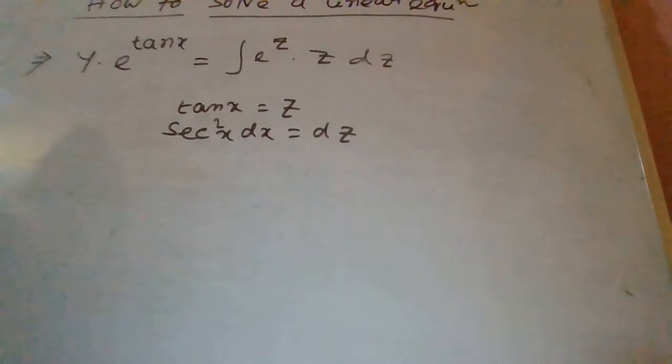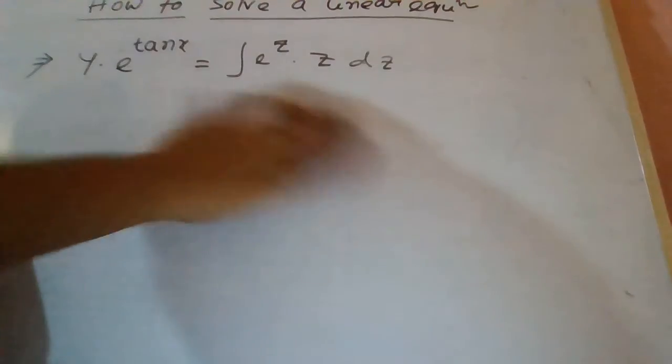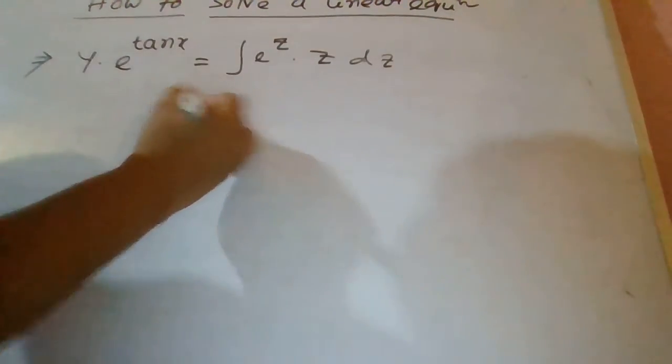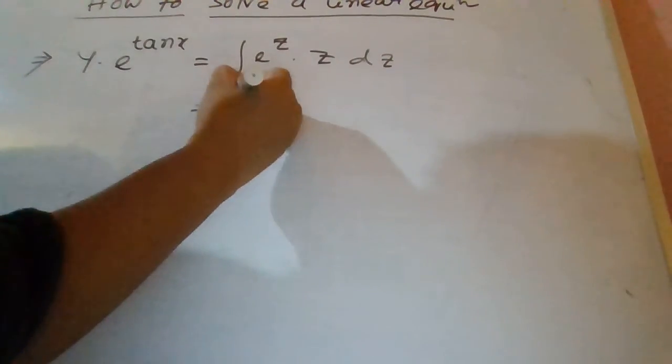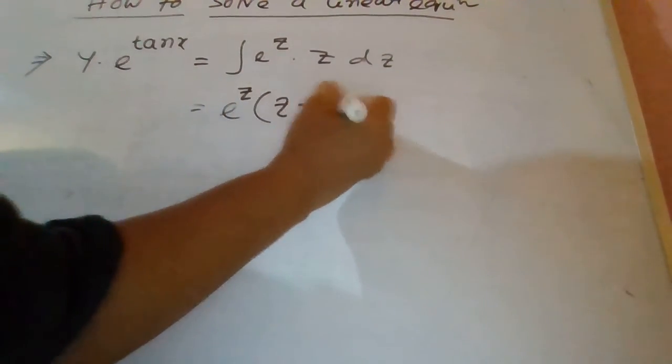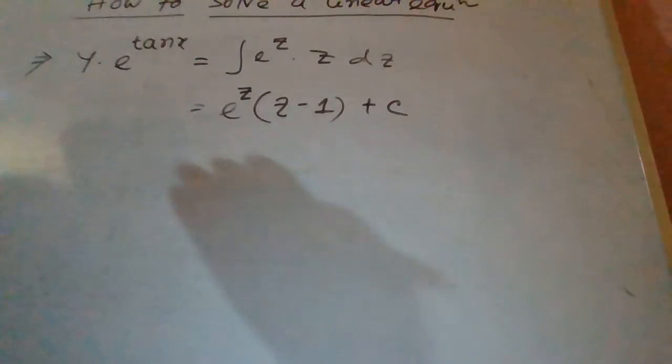That is, we get y into e to the power tan x equal to integration of e to the power z into z dz. And by applying integration by parts we get this value: e to the power z into z minus 1 plus c, the integrating constant.